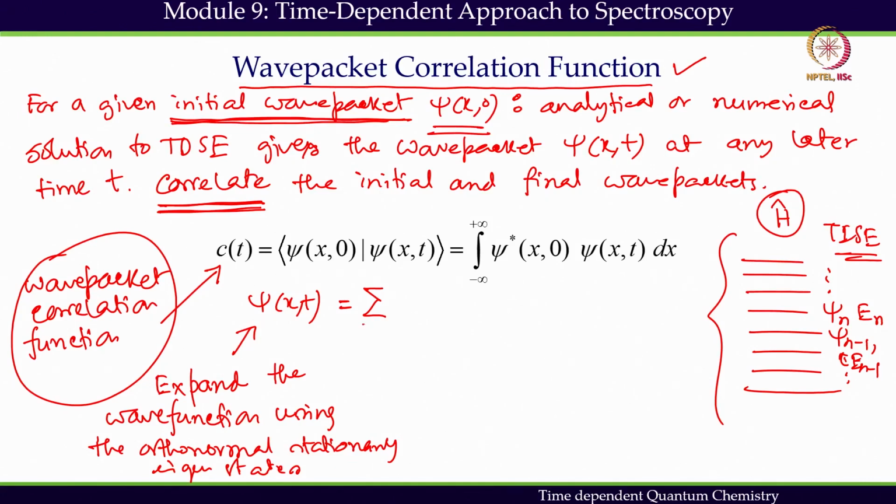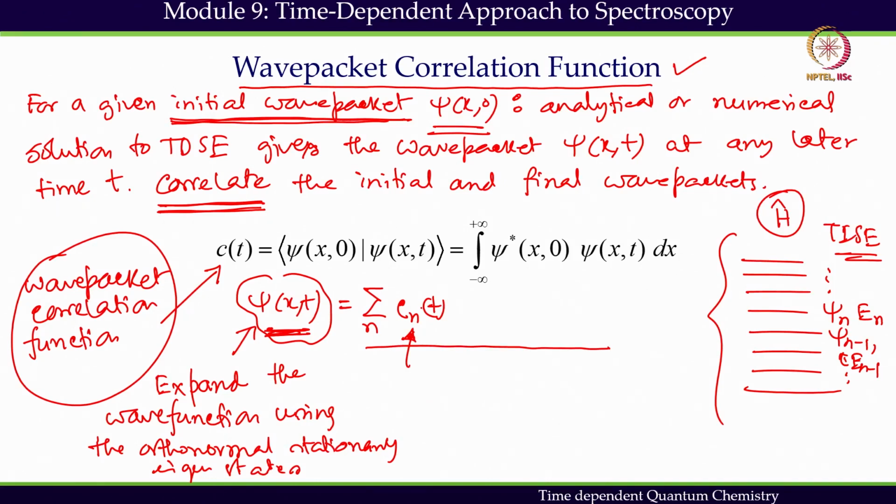If we expand it, then we know that it is going to have Cn as the expansion coefficient, which means that at time t this is a non-stationary wave function. This non-stationary wave function is represented using the linear combination of stationary wave functions. And which stationary state contributes the most at time t is controlled by this Cn.